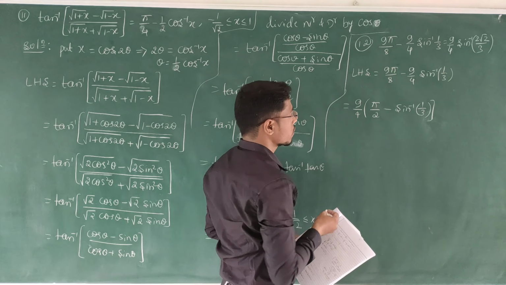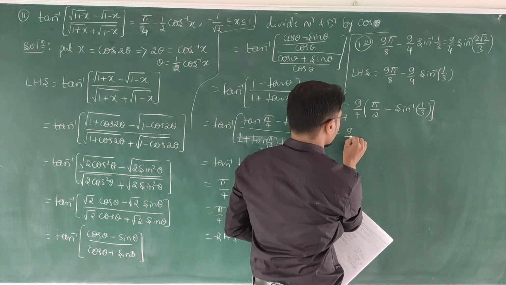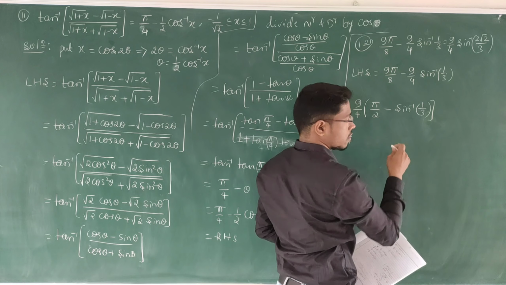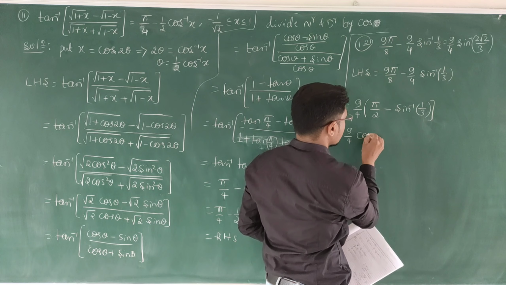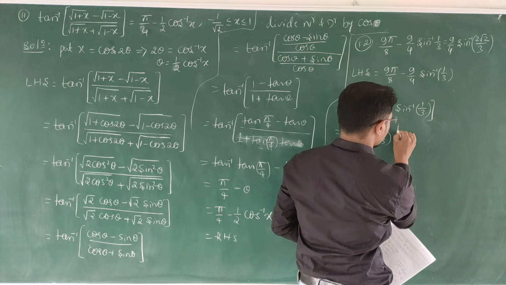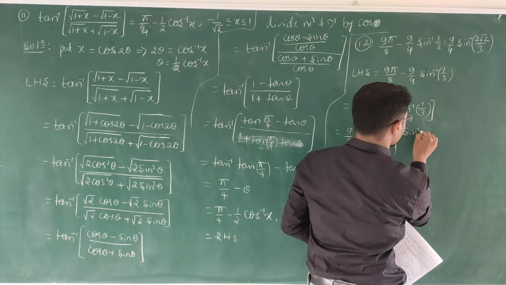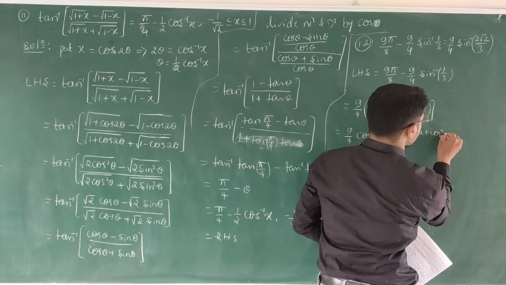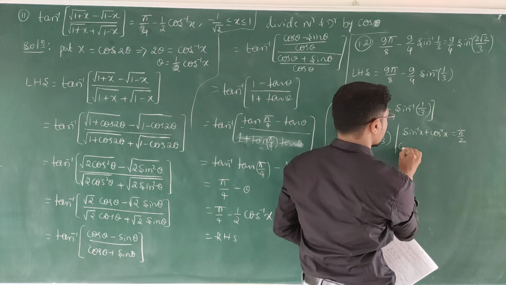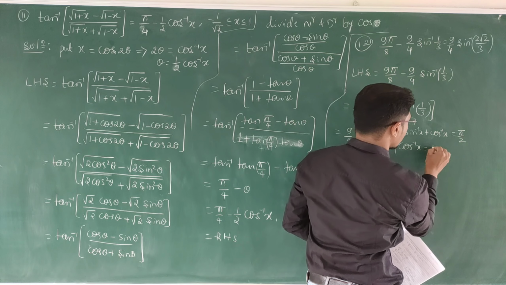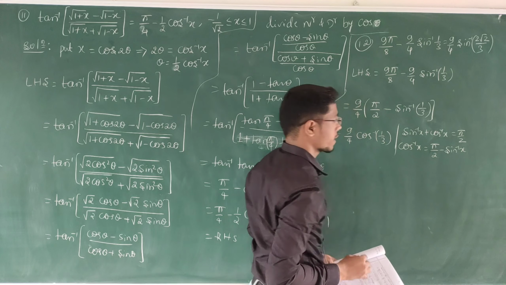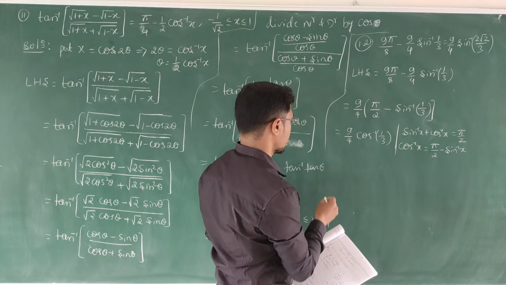Pi by 2 minus sin inverse is cos inverse, that is 9 by 4 cos inverse of 1 by 3, using the formula sin inverse of x plus cos inverse of x is equal to pi by 2. So cos inverse of x is equal to pi by 2 minus sin inverse x.